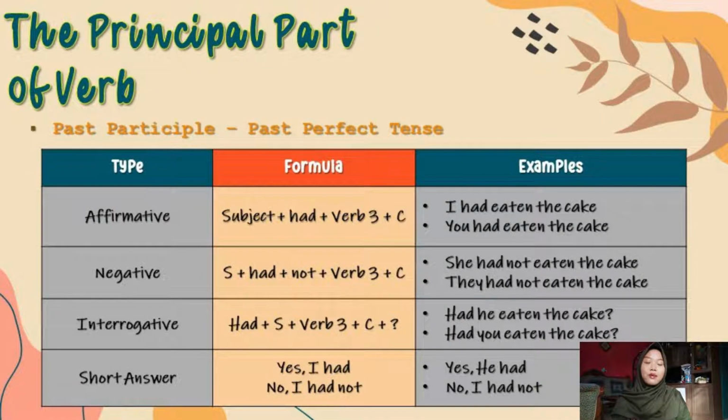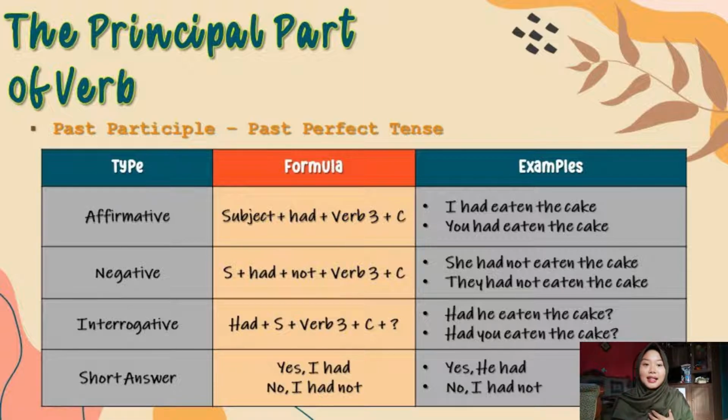The second type of past participle is used in past perfect tense. There are four types of past perfect tense: the affirmative, negative, interrogative, and the short answer. If you want to make an affirmative sentence of the past perfect tense, you use subject plus had plus verb 3 plus complement.